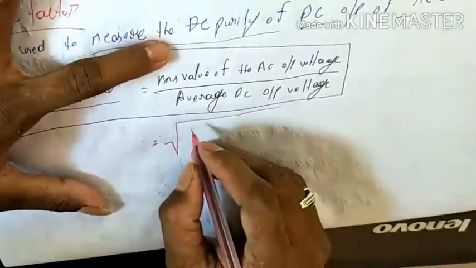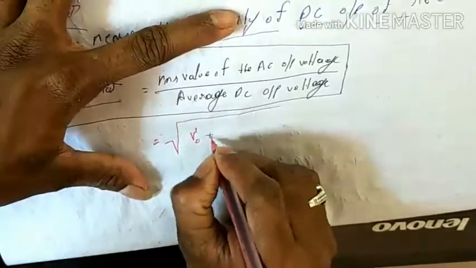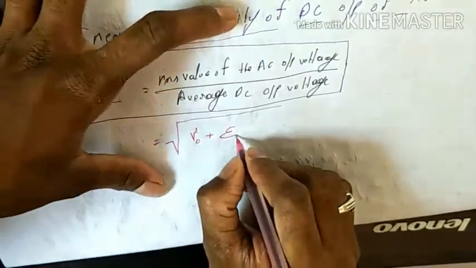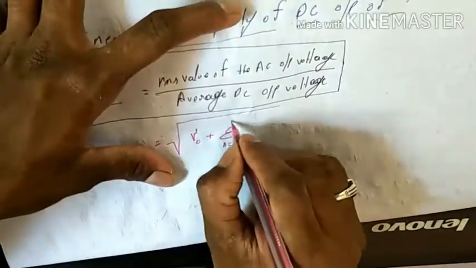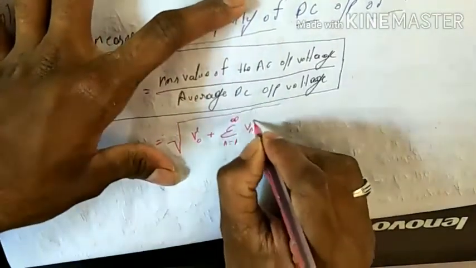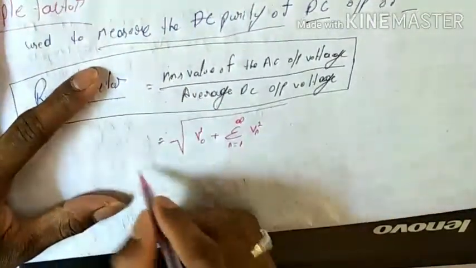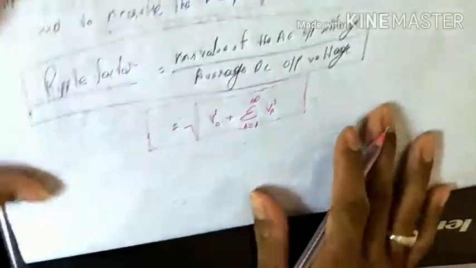In equation form, it is the root of V out squared plus the summation n equals 1 to infinity of Vn squared. This is the ripple factor equation.